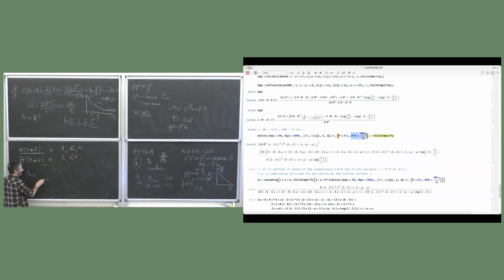And it gives the tidal deformability as a function of the compactness, so just the ratio of the mass and the radius of the star, and of this quantity that I call y, which is h, the derivative of the perturbation at the radius divided by h of r, multiplied by r probably, something like this.